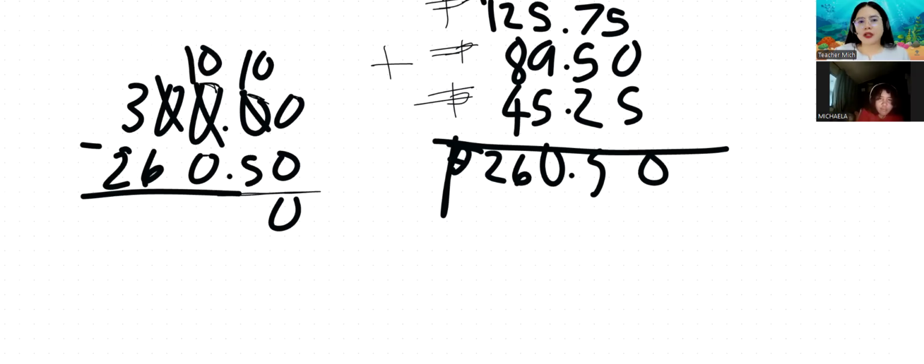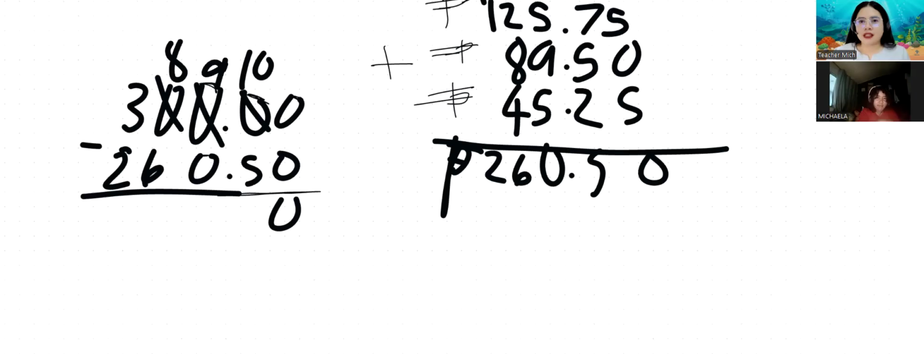You borrow 1 to make 10. You already borrowed here from the tens place, so it becomes 10. And then this one, 0, will now become 10 minus 1, 9. It should be 9. And then the next number, why 8?